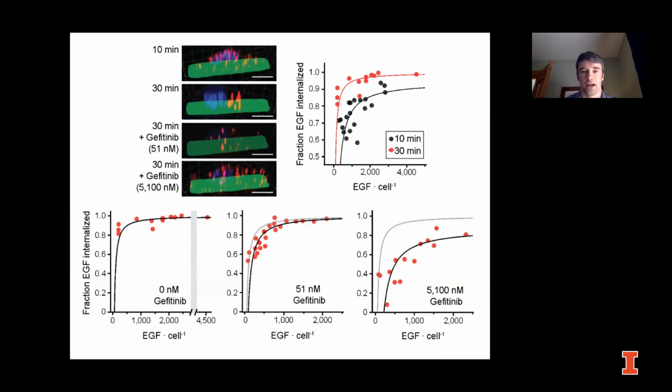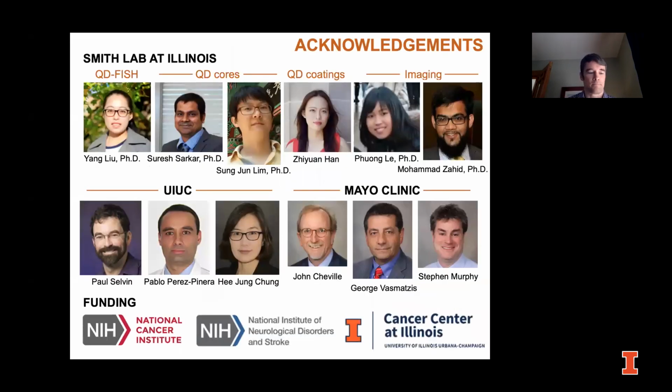And in local microenvironments where you might have very high concentrations of EGF, even if you have an EGF blocker, the same signaling cascade can proceed simply because you've highly saturated the process beyond what the drug can inhibit. So this is one potential thing that you can get out of these types of experiments with quantum dots if they're designed correctly. So that's the conclusion of what I wanted to go through today.